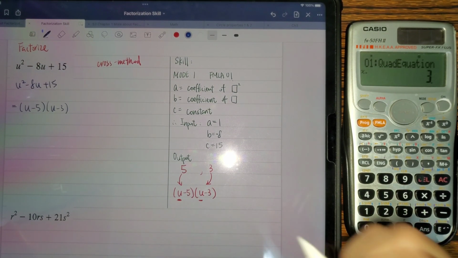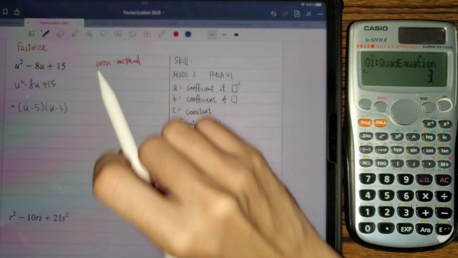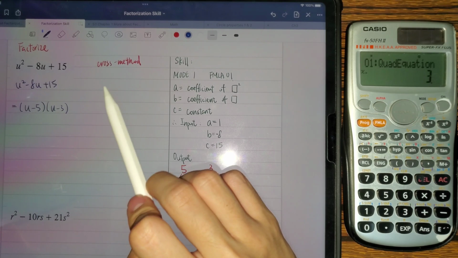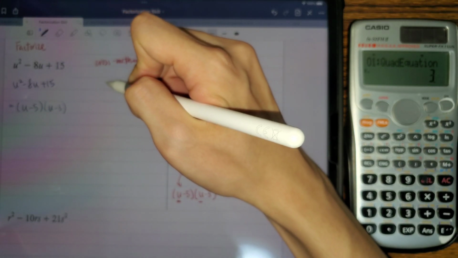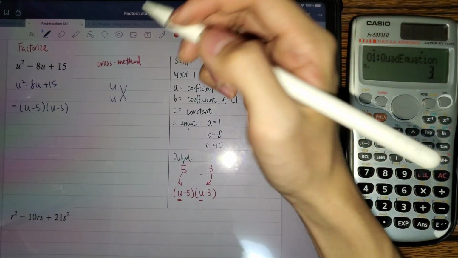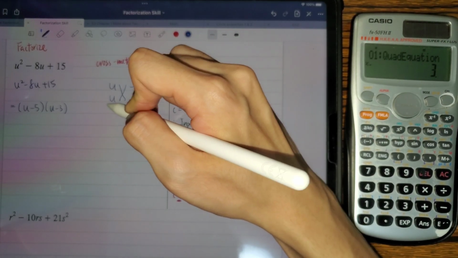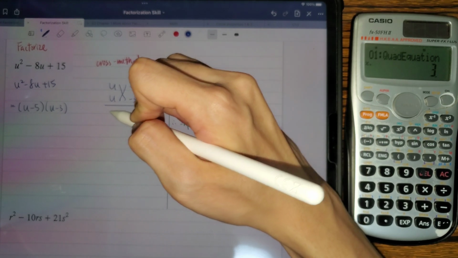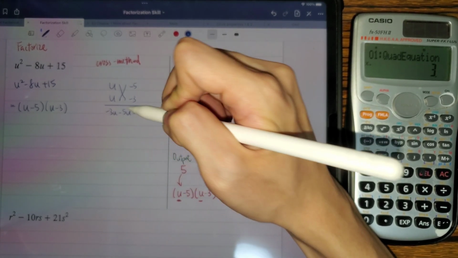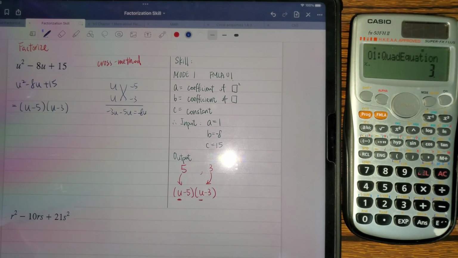However, you have to write down the cross method. You have to show me the cross method, so you have to copy it. u cross, and then -5, -3. -3u, -5u equals to -8u. Then this will be a full mark presentation.